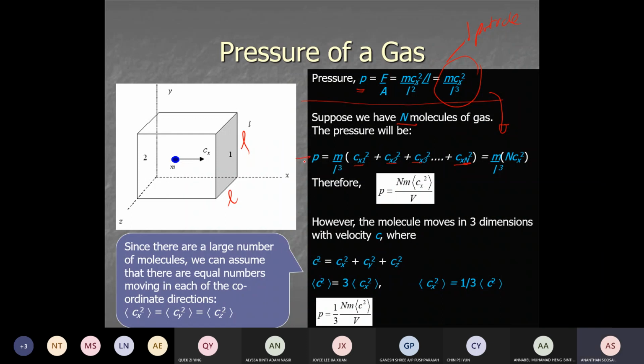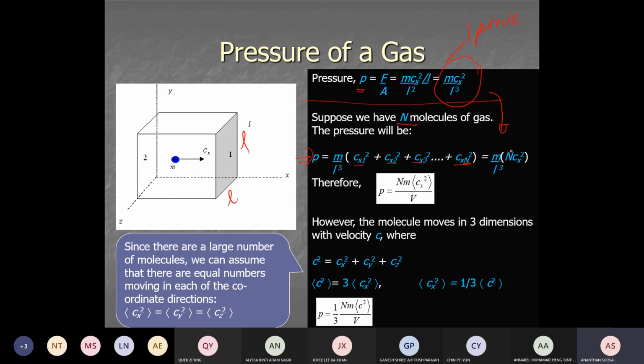So the equation turns out to be P is m over L cube, times cx1 squared, cx2 squared for the second particle, third particle, until the nth particle. So these all added become n cx squared. The number of particles, n, will come out.